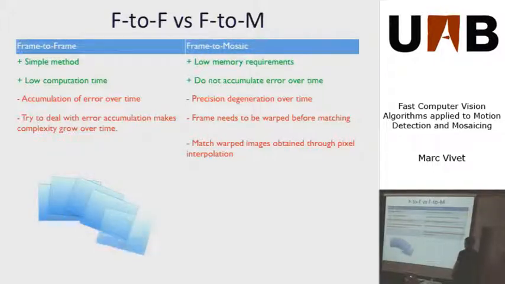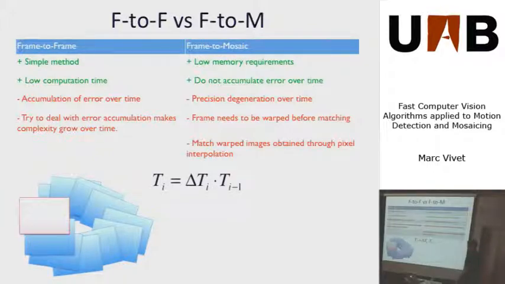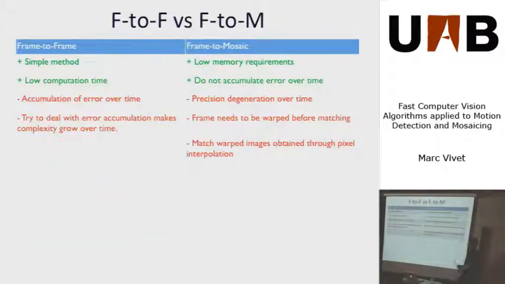If we look at a video sequence like this, where the camera can have loops in its trajectory, a small error is produced at each alignment, and this error is propagated along the whole sequence. So at the end, if the mosaic has this shape, the misalignment can be very huge. Trying to deal with the error accumulation makes the complexity grow over time because most of the methods try to keep all the frames in memory and then adjust all the estimations together.